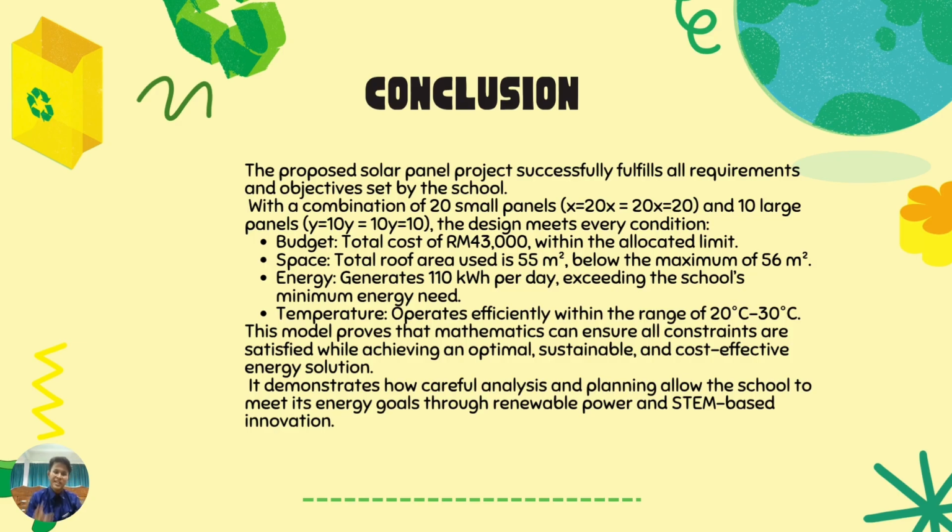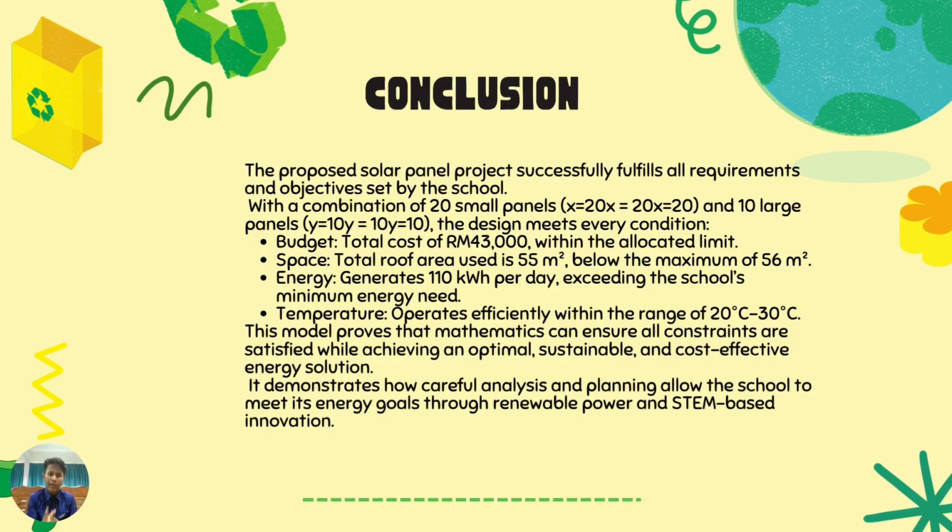For the energy, the solar panels could generate about 110 kilowatts a day, exceeding the school's minimum energy need. For the temperature, the solar panels will operate efficiently within the range of 20 to 30 degrees.